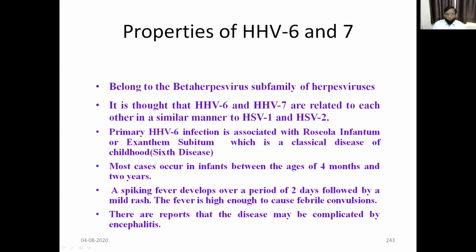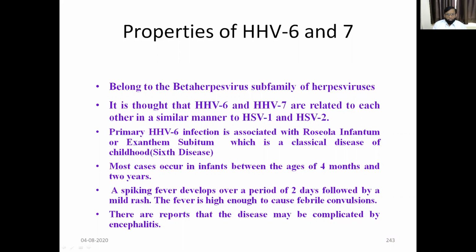Herpes simplex virus 1 causes infections above the waist, and type 2 causes infections below the waist. Like that, HHV6 and 7 are almost similar in the family with minor differences in the infection levels.